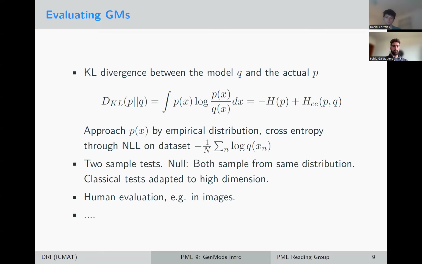One typical way would be to use a Kullback-Leibler divergence between the model Q that we use to generate and the actual P. We talked quite a bit about this in session 2 and session 5, if I remember correctly.